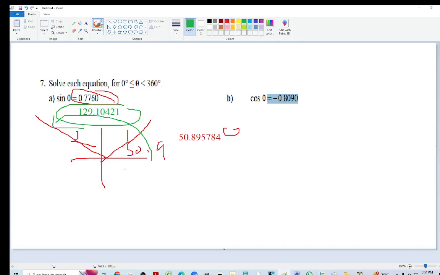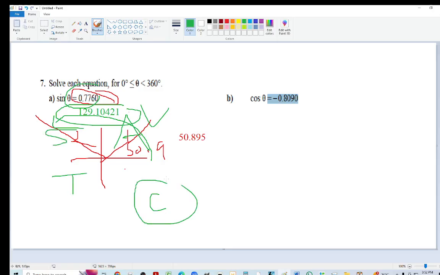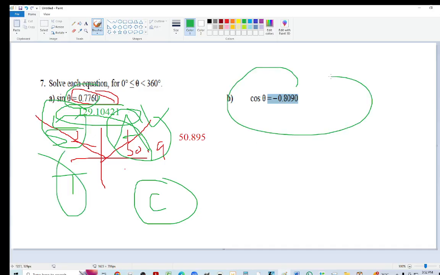Now, there's always going to be two angles when it's positive. There's always going to be two angles when it's negative. What about this one? Well, we have to take the arc cosine of this negative number, but let's review CAST: C, A, S, T. Cosine would be positive down here, negative here, negative here. So this angle is in either quadrant 2 or quadrant 3.